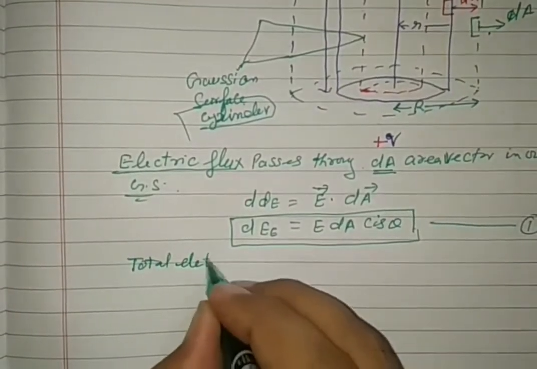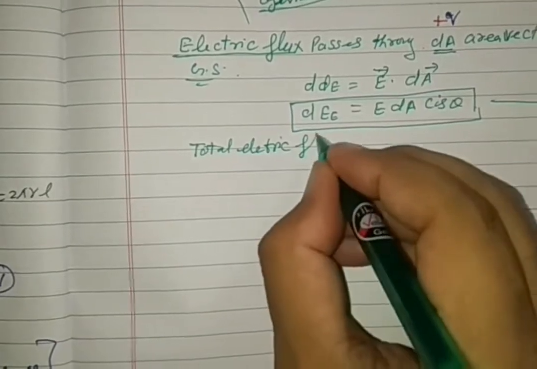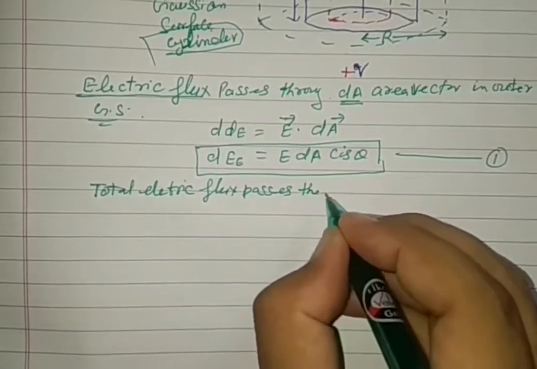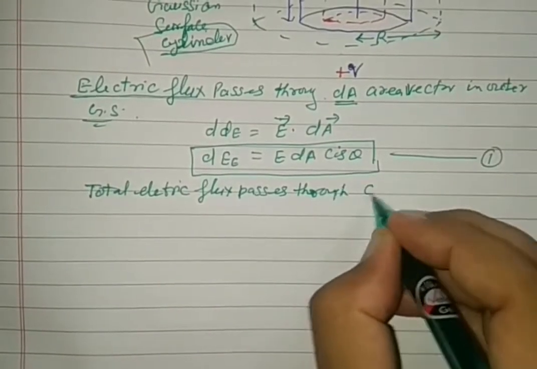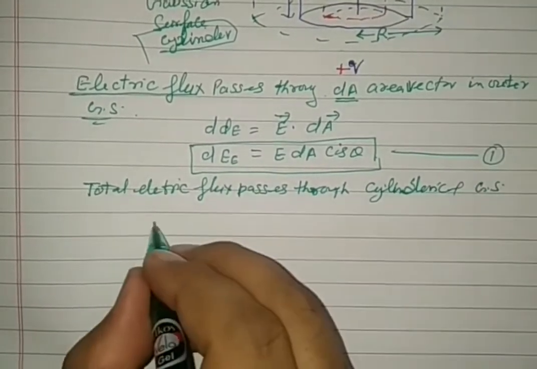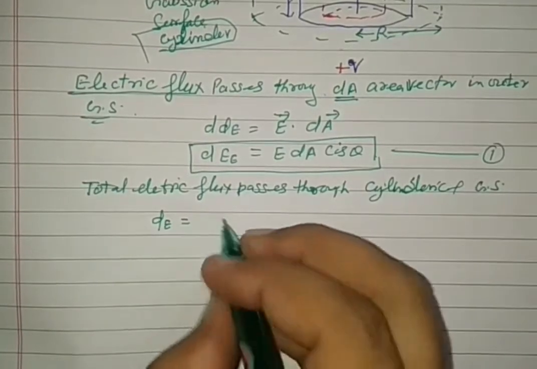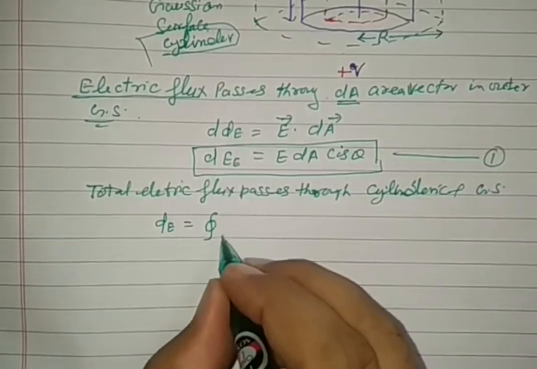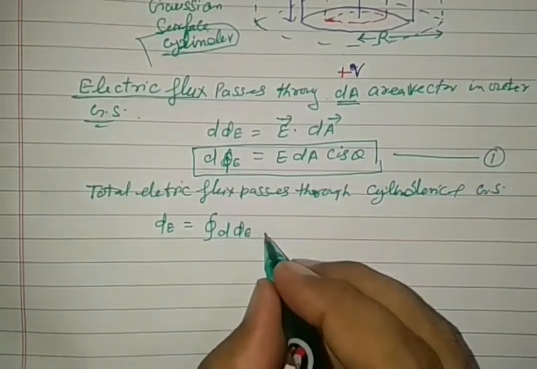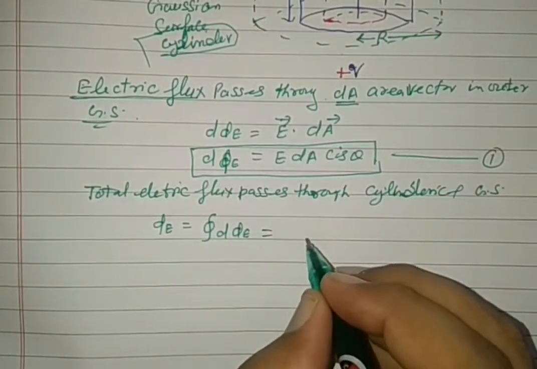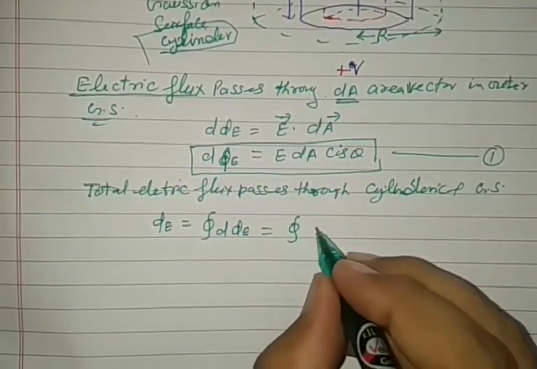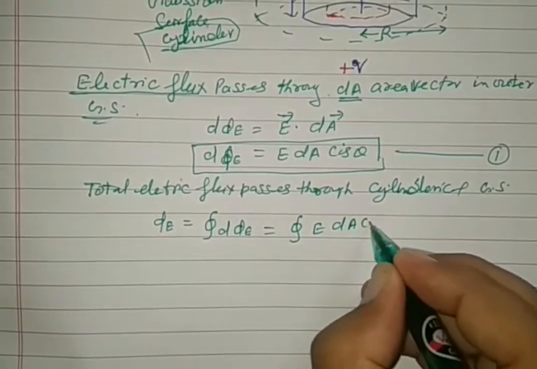Total electric flux passing through the cylindrical Gaussian surface, we represent by phi E is equal to closed integral d phi E, which is equal to closed integral E dA cos theta.